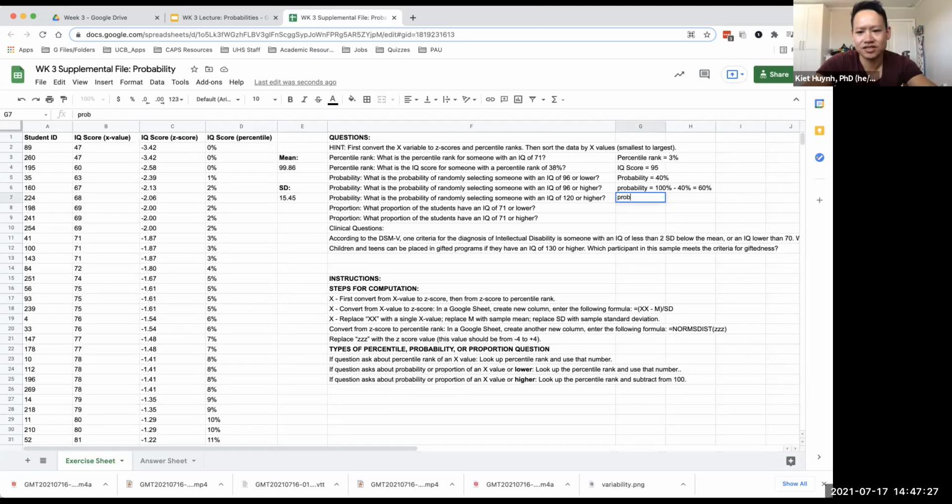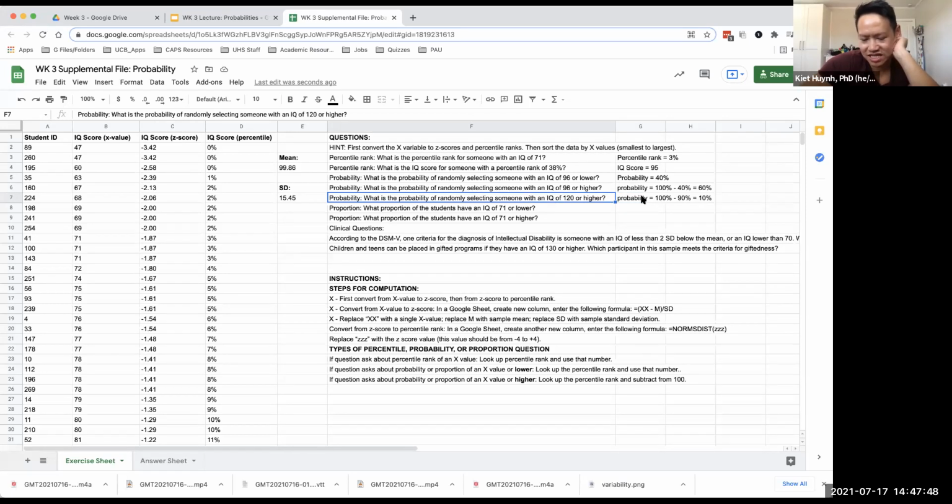So the probability equals 100% minus 90%. So there is a 10% probability of selecting someone with an IQ score of 120 or higher. This makes sense, because that's a very high IQ score. Not that many people in the sample have that IQ score, so the probability of selecting someone with that higher IQ score should be pretty low.